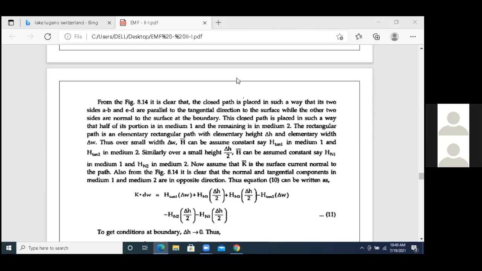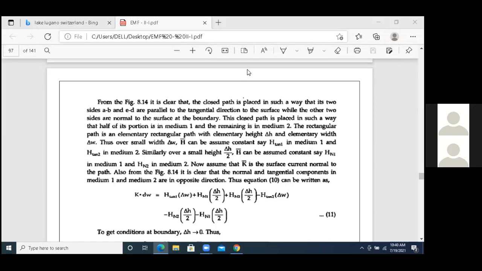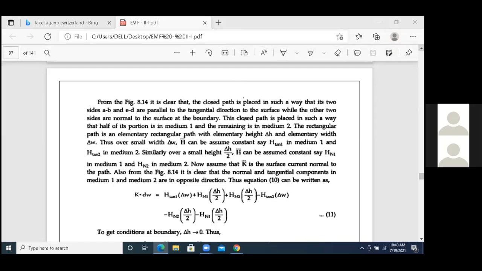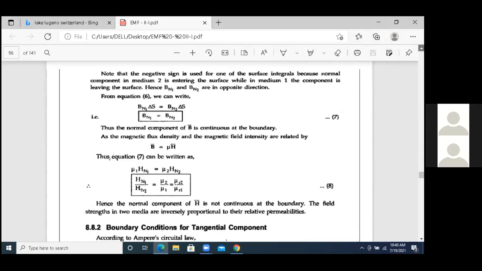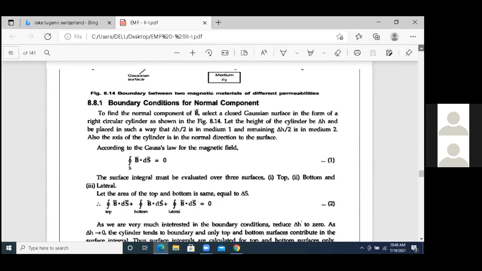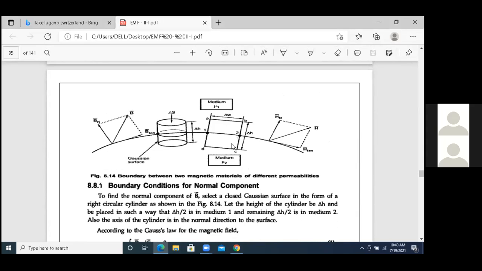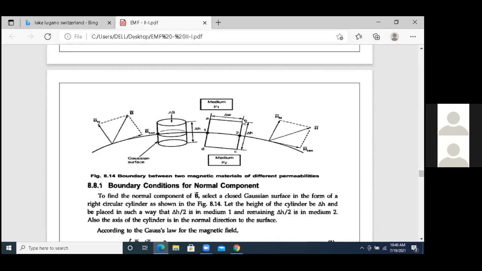We'll go to the figure and see if we can shed some light. Remember, we say H dot dl would be from here to here, from here to here, from here to here, right? Yes, sir.